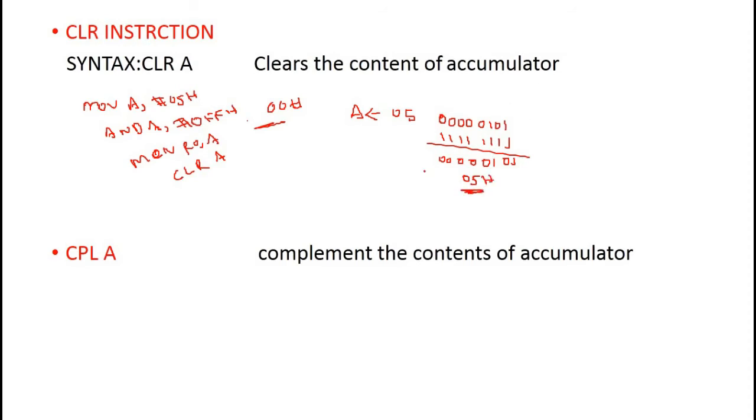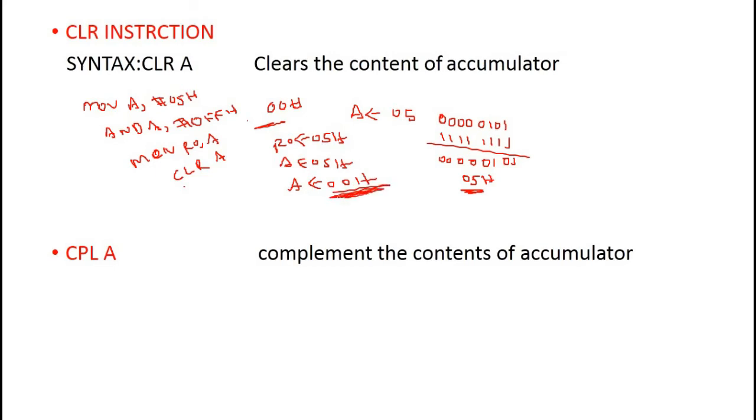Okay, and next the contents of accumulator are moved to R0, which means R0 will now become 05H. At this stage R0 is 05H and the accumulator is 05H. And the next instruction is CLR A. So after execution of this instruction, the contents of accumulator will become 0.